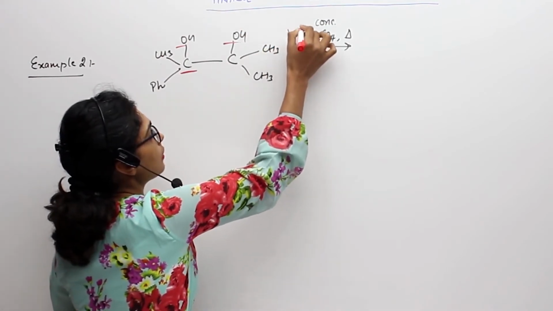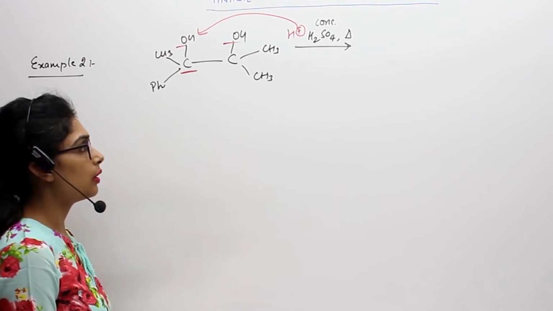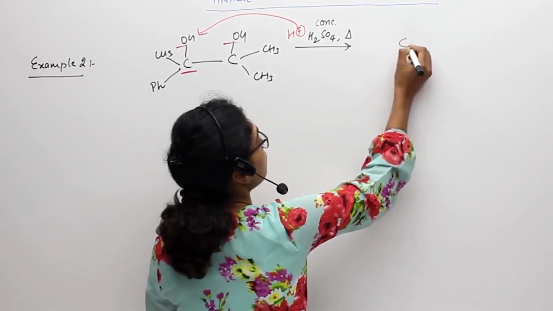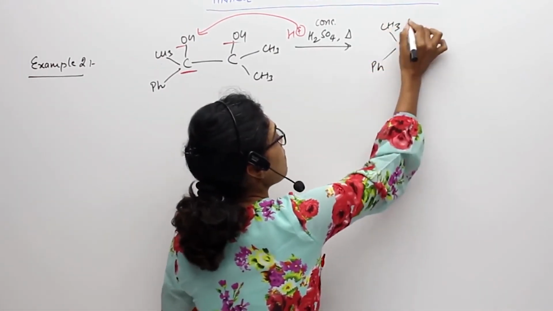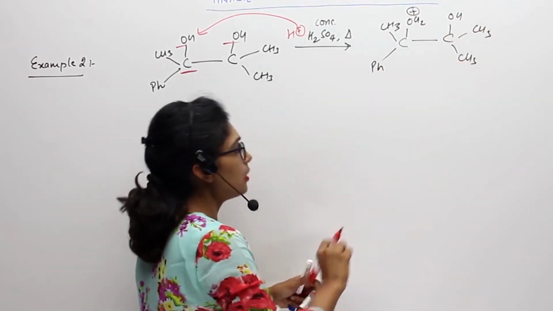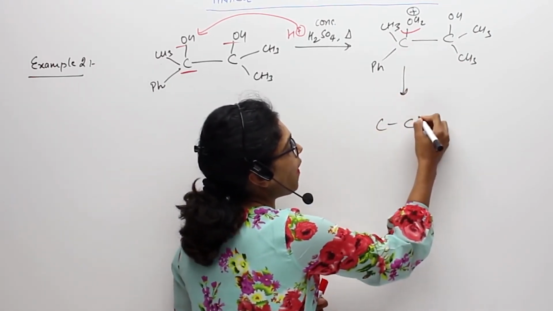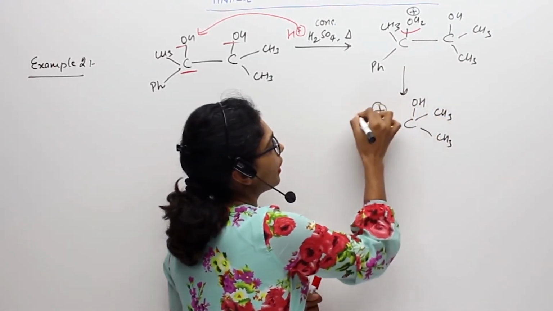So H plus will attack on this and form a protonated alcohol, and then this OH2 plus will get removed, forming a carbocation over here.